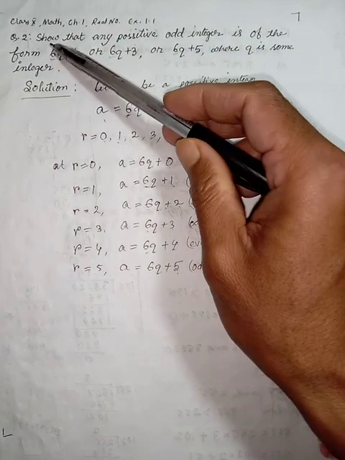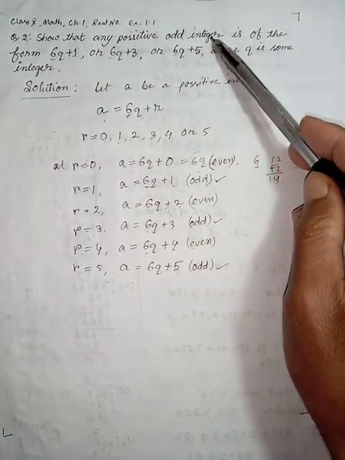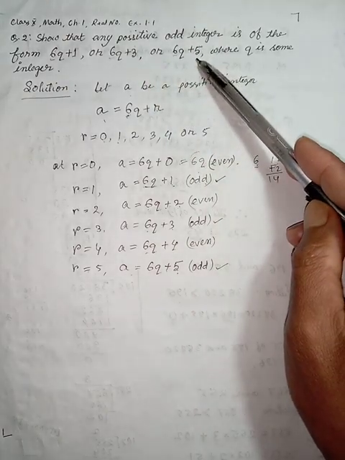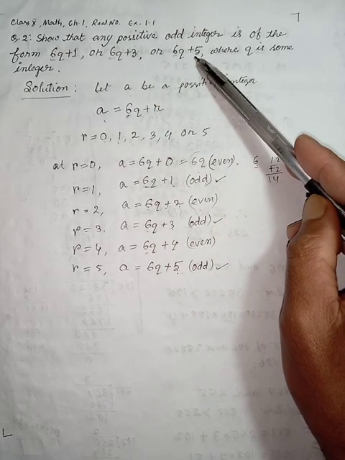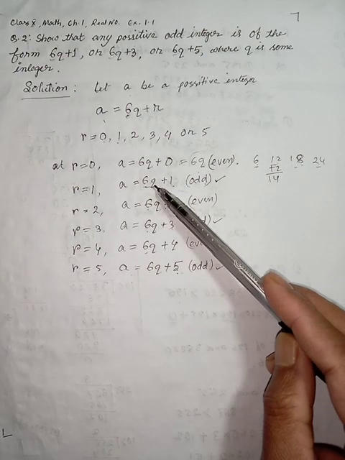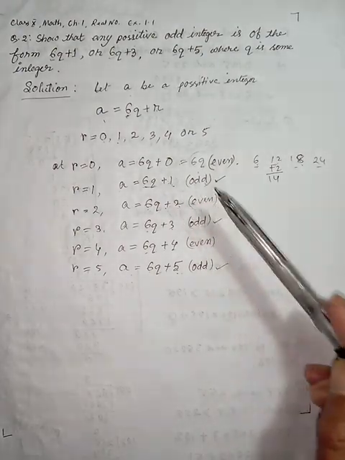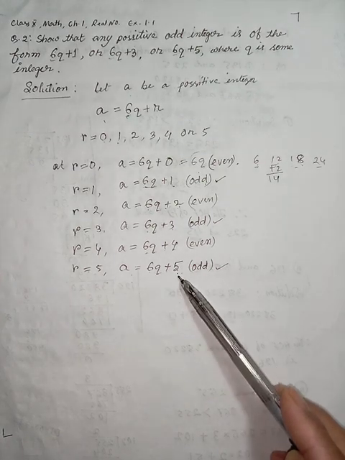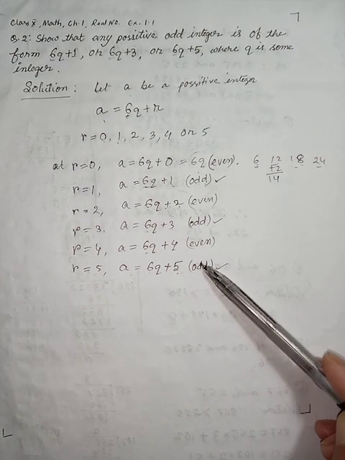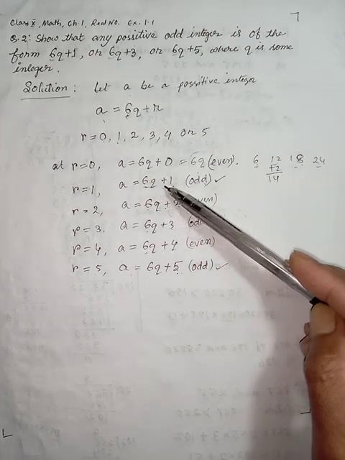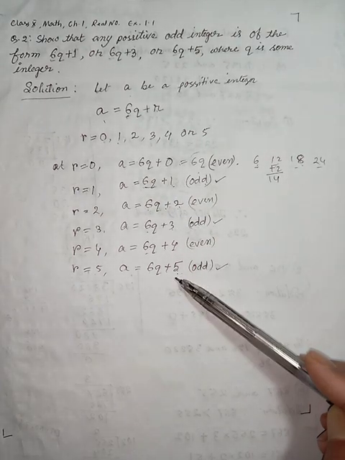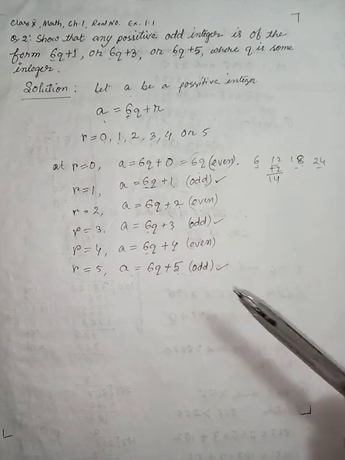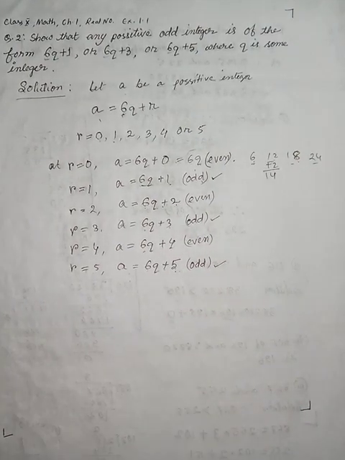It is asking you to show that positive odd integers are 6q plus 1, 6q plus 3 and 6q plus 5, and we found the same.